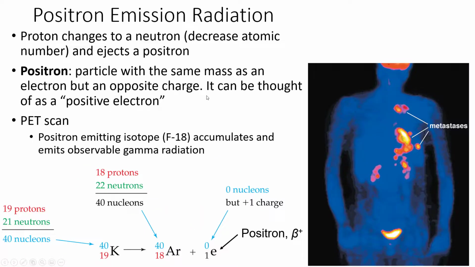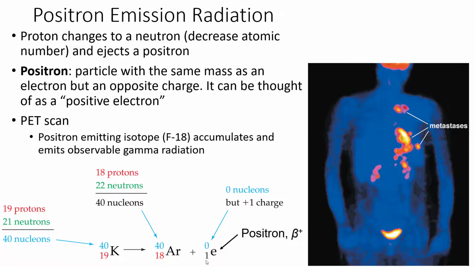So it can be thought of as a, quote, positive electron. So we see here with this equation we have the same symbol as an electron, but instead of a negative one, we have a positive one. So it has no mass, but it carries a positive charge.